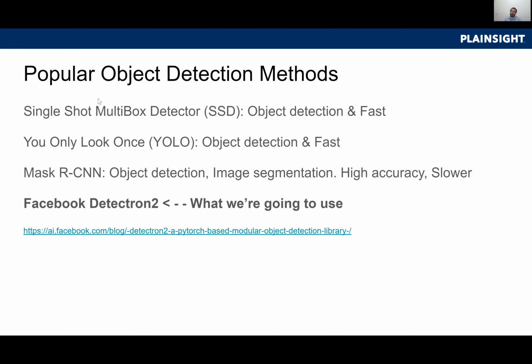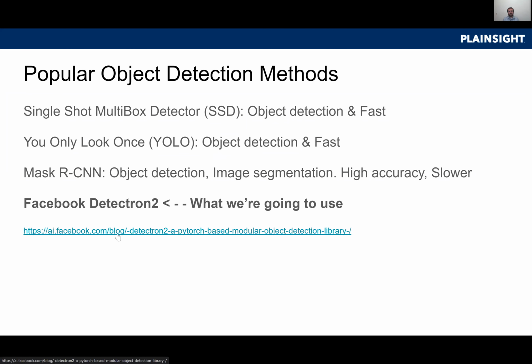So I don't remember where this falls exactly between SSD and Mask RCNN. Unless it's changed, I don't think it was quite as lightweight. So typically, you would still maybe want an SSD for a lightweight thing, but YOLO I think is more accurate. And then you have Mask RCNN, which can do object detection, instance segmentation, and it has a much higher accuracy, but it can be much slower.